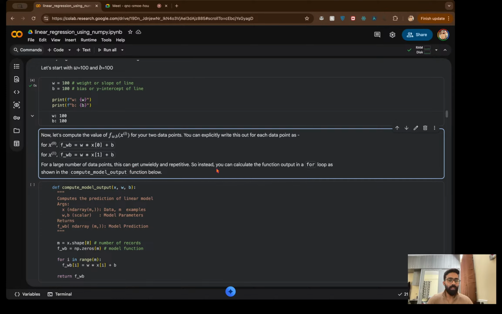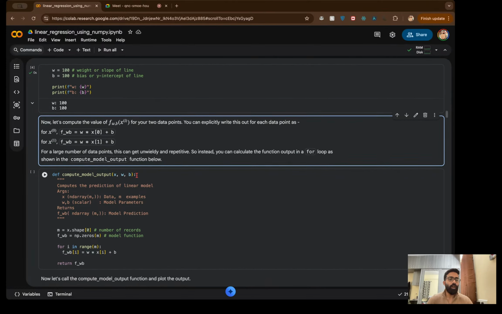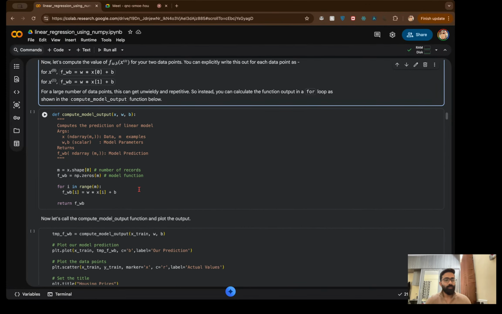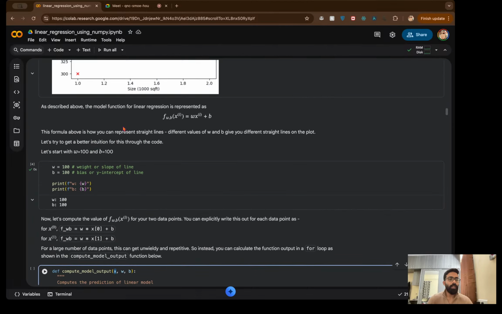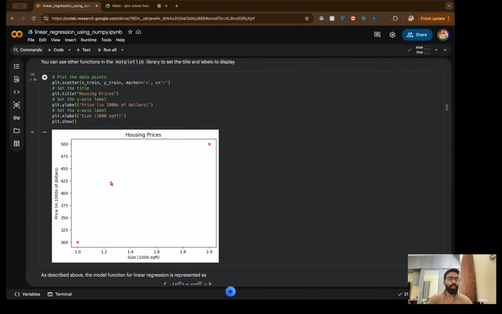So instead, you can calculate the function output in a for loop, as shown in the compute model output function below. I'm defining this function compute_model_output. Here I'm providing the x input features. Here x is a numpy array.